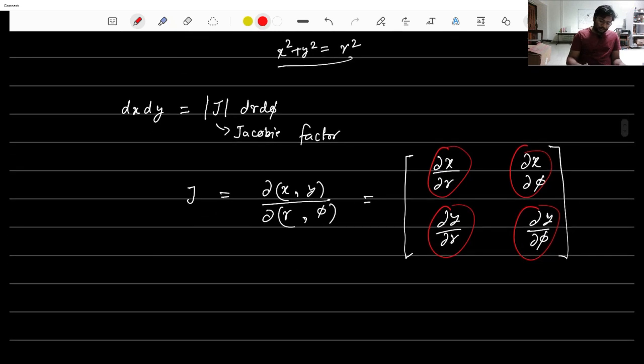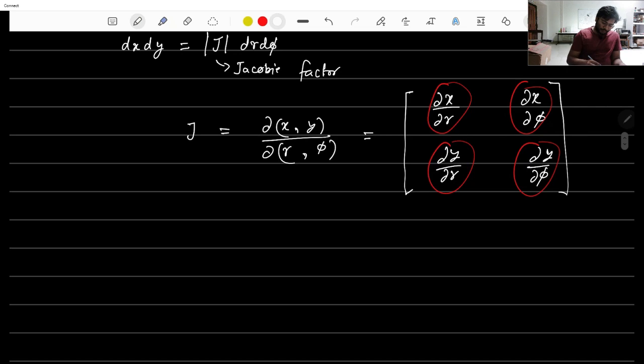The value of the derivative of x with respect to r: if you take the partial derivative of x with respect to r, that will be cos phi. If you evaluate the derivative of x with respect to phi, that will become minus r sin phi.